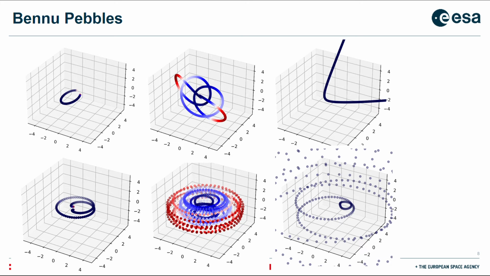So the dark blue ones are those which perfectly align with the uniform density model, and the red points are those that deviate. Now, this deviation doesn't have to mean it's only density heterogeneity. It can also be unmodeled forces, and we're coming to that shortly.